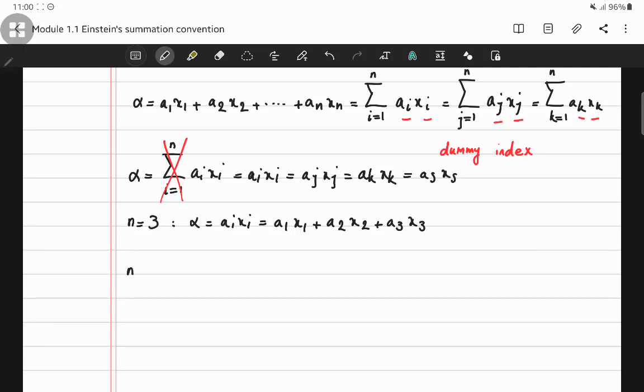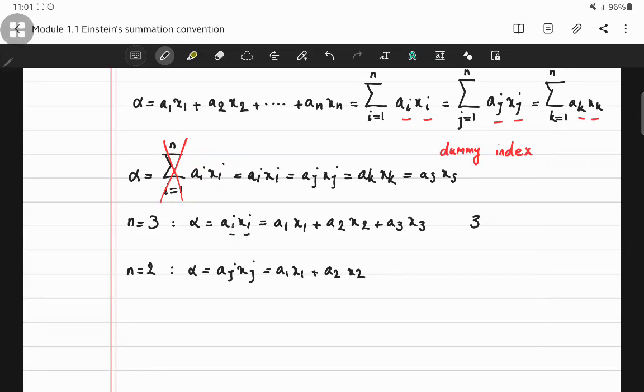Or for example, if n goes to 2, we can rewrite this as aj xj, a1 x1 plus a2 x2 here. And as you see, the number of the terms varies with this pattern: you have this n here, so it is 3 to the power of the number of dummy indices that you have.